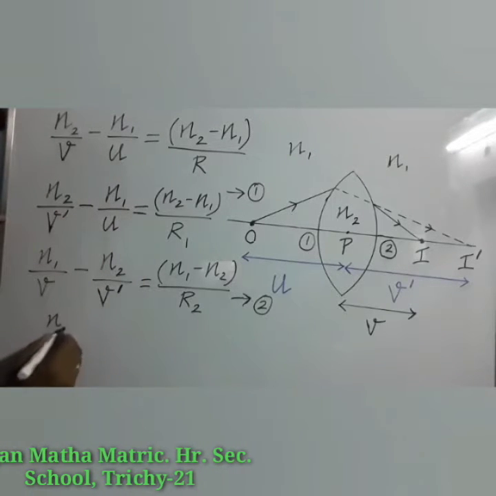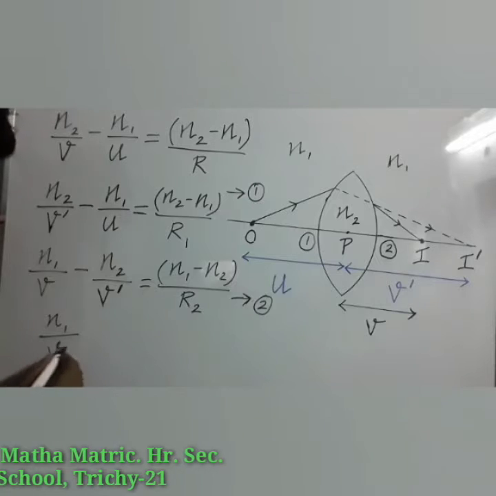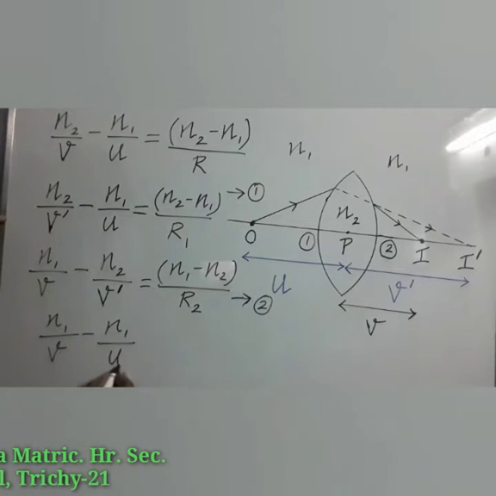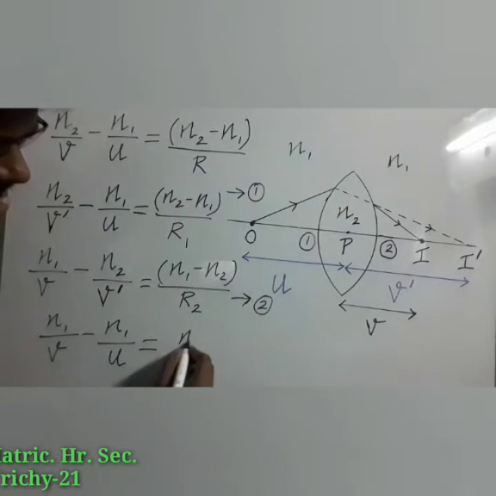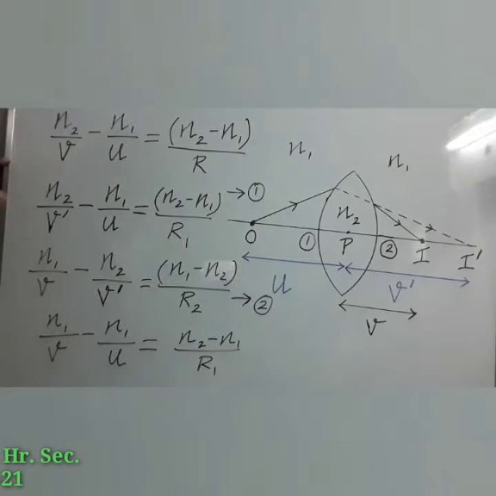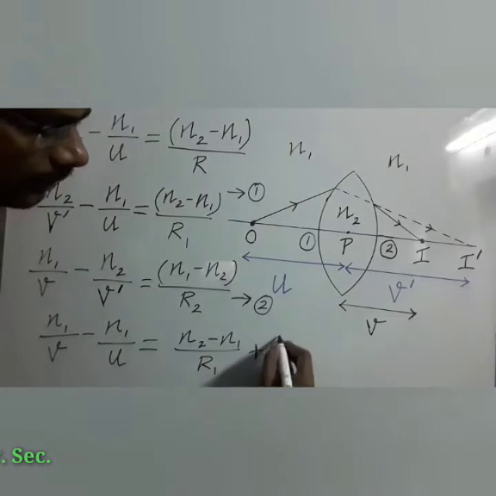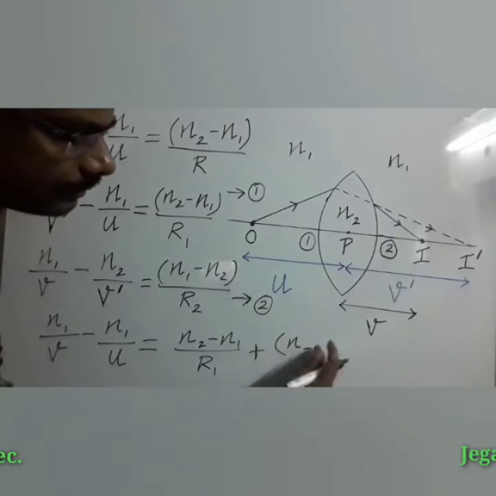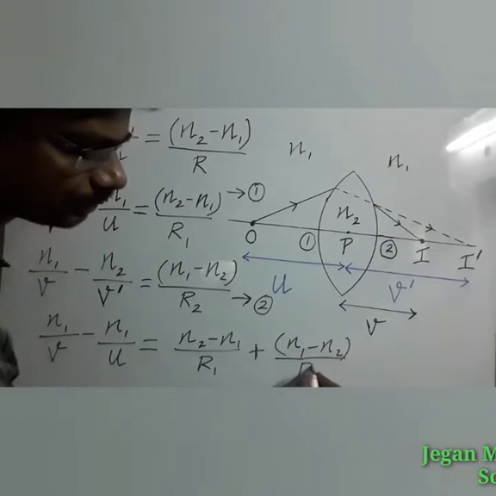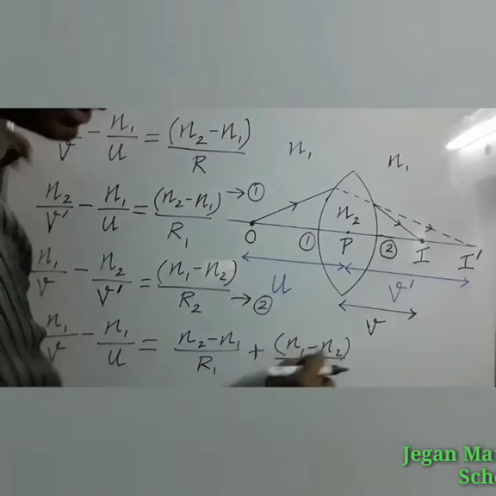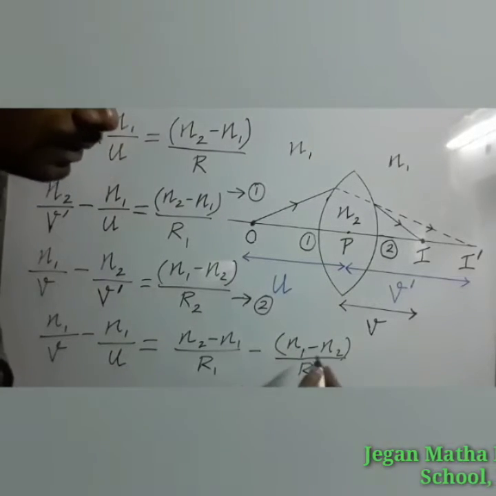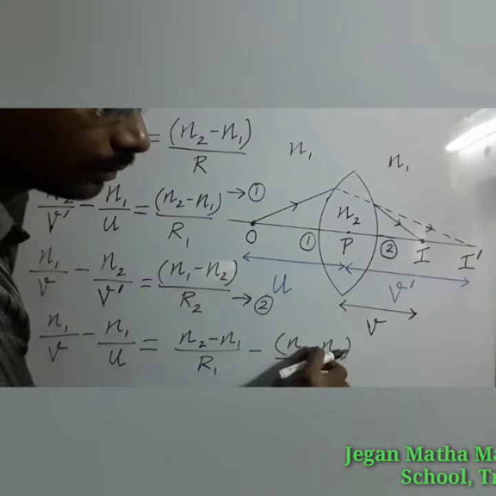N1 by B minus N1 by U. Here you can add N2 minus N1 by R1 plus N1 minus N2 by R2. Here minus can be taken outside, so minus into plus minus, then you can write N2 minus N1.